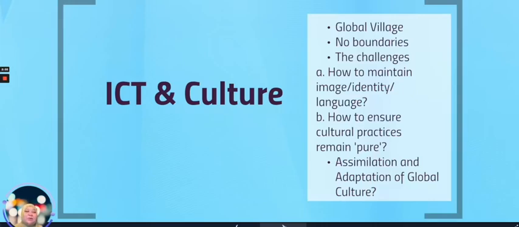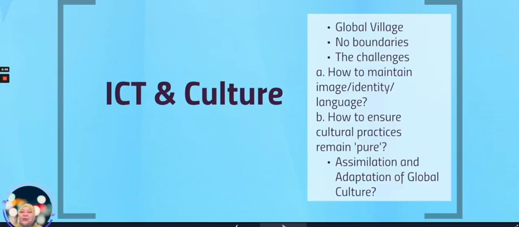We are global citizens, and because of that, we can actually get access to much information without even leaving our country, without even leaving our bedroom. Just go online and you can be knowledgeable. That is the concept of global village.